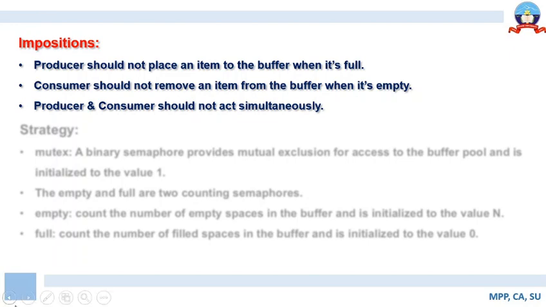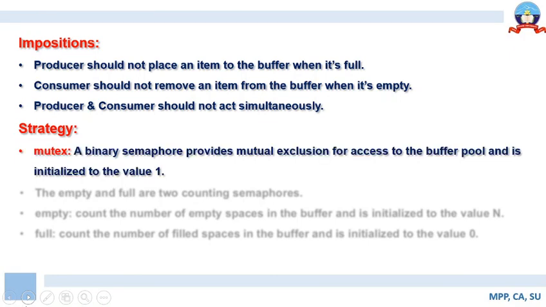Now let us go through a very simple strategy formulated for solving the bounded buffer problem. In order to perform operations in mutual exclusion between producer and consumer, we will take certain semaphores into consideration. The first semaphore is mutex.